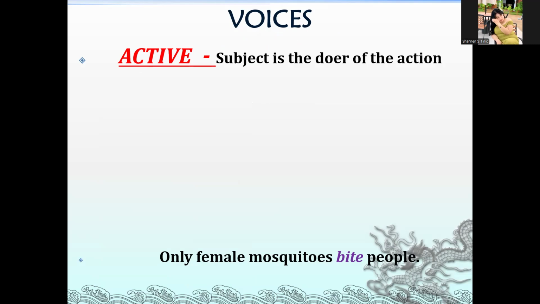May malaking space dito para sana i-type ko yung mga sentences, pero guys, medyo hassle siya since naglolo ko yung Zoom, so I'll just send it here sa bago nating GC. Lahat ba kayo part na kayo ng bagong GC na ginawa ni Sir Kevin? Are you part of it? Okay, that's good. I will send it there, okay?